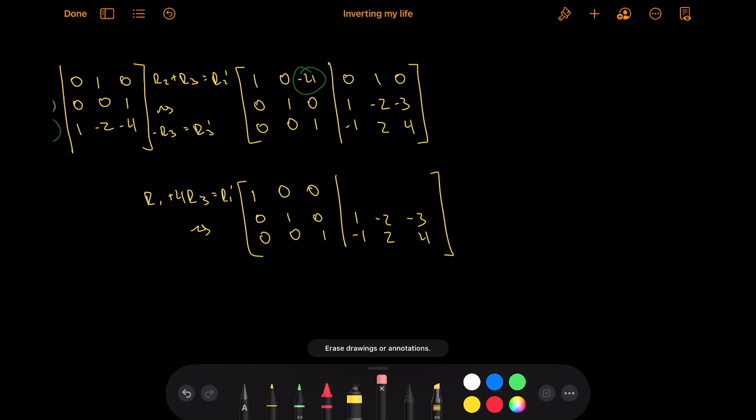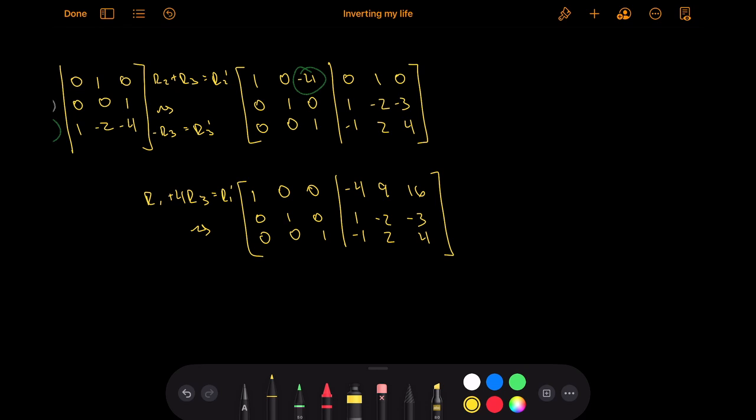So this will now be negative 4. And then we'll have 2 times 4, that'll be 8, plus 1 would be 9. And then 4 times 4, 16. We're adding 0, so that is our final answer.